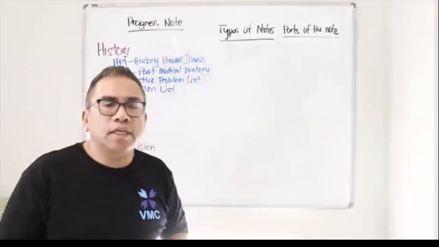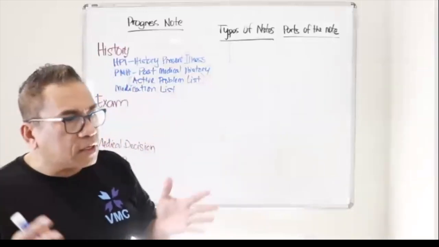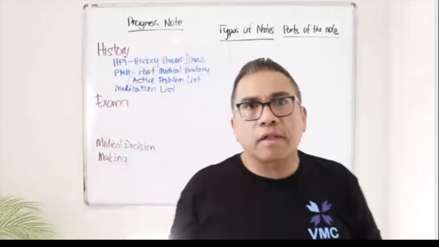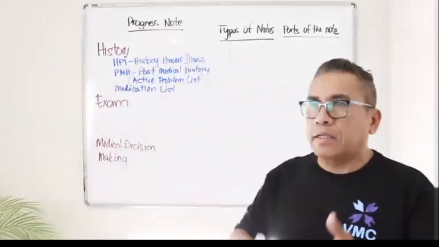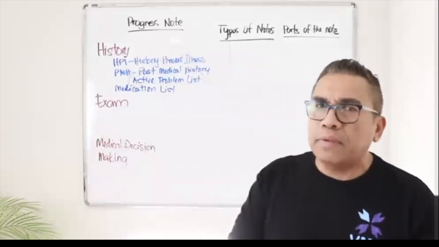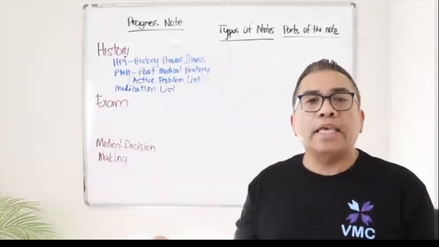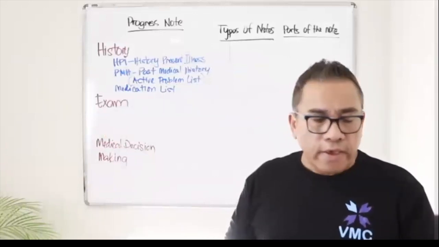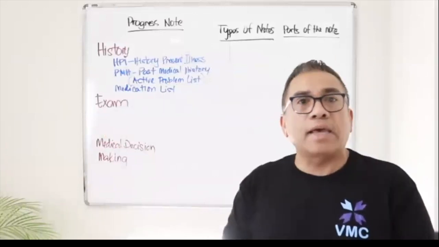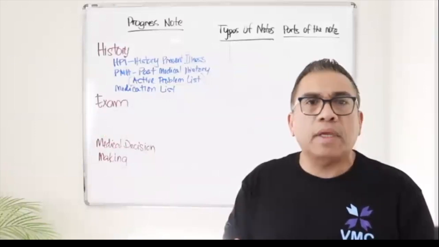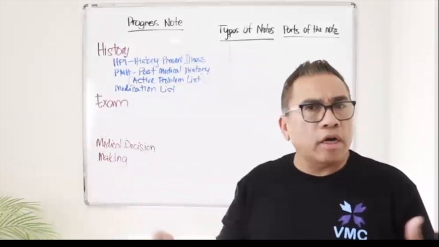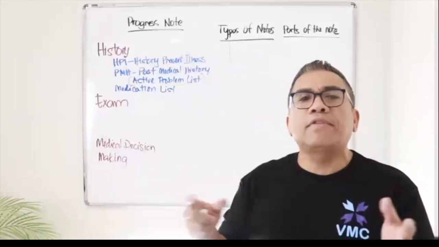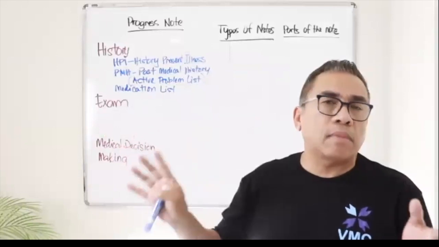Okay, medication list. What are these drugs that our patient is currently on? Like, if a patient is diabetic, is the patient on insulin? What kind of insulin is the patient taking? Right? Is it an oral insulin or is it injectable insulin? If a patient is on an oral hypoglycemic drug like metformin or Jardiance, and there are many of those that are popular out in the market.